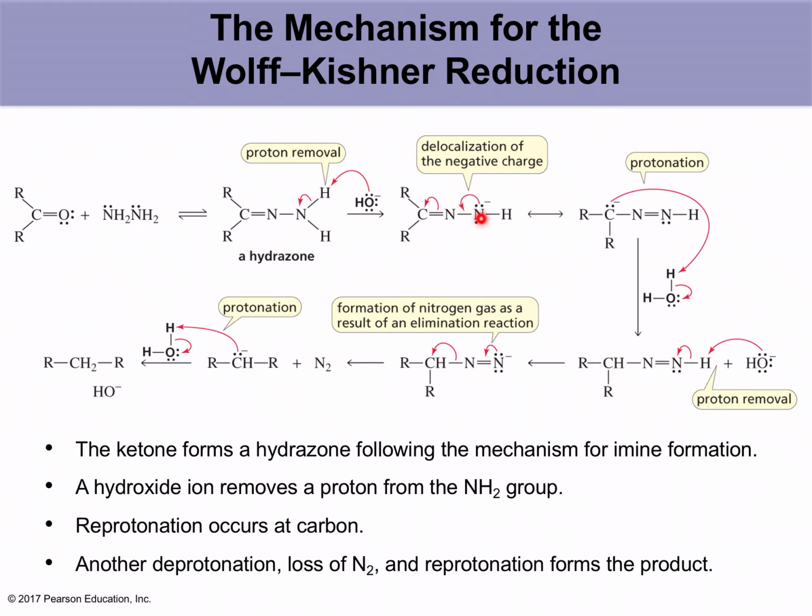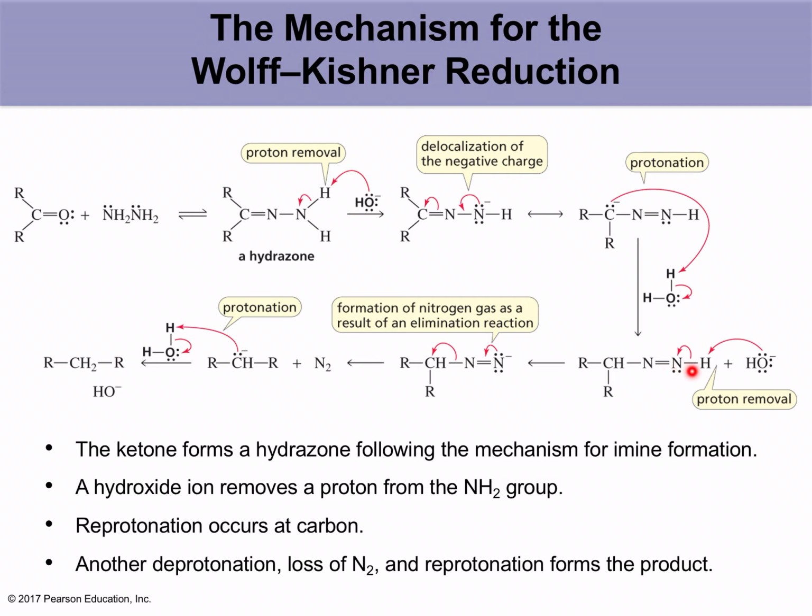The lone pair on the nitrogen comes between these 2 nitrogens, the pi bond breaks, and the electrons go to the carbon as a lone pair. That is a delocalization of the negative charge. So instead of the negative charge on nitrogen, now we find it on carbon. Carbon, having a negative charge, finds a proton from a water molecule. So this carbon gets protonated, and you have your OH minus and this carbon now has a hydrogen.